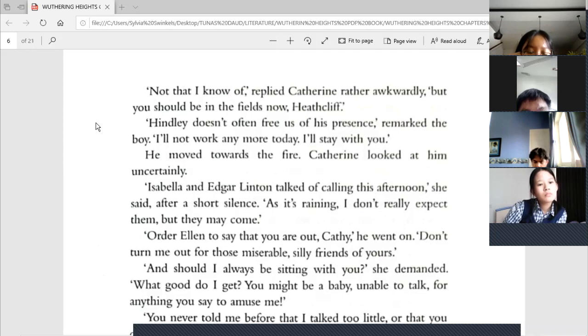"I'll not work anymore today. I'll stay with you." He moved toward the fire. Catherine looked at him uncertainly. "Isabella and Edgar Linton talked of calling this afternoon," she said after a short silence. "As it's raining, I don't care. I don't really expect them, but they may come."